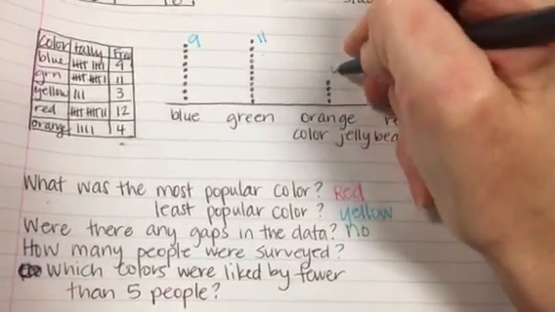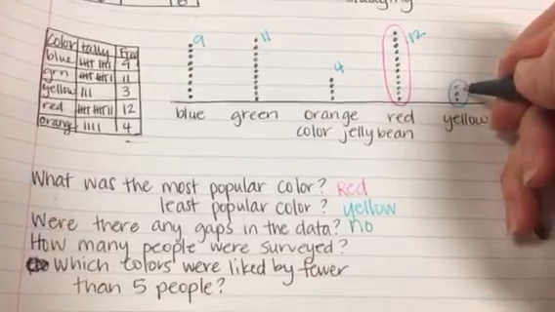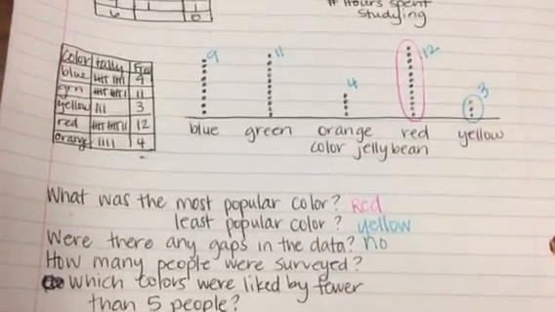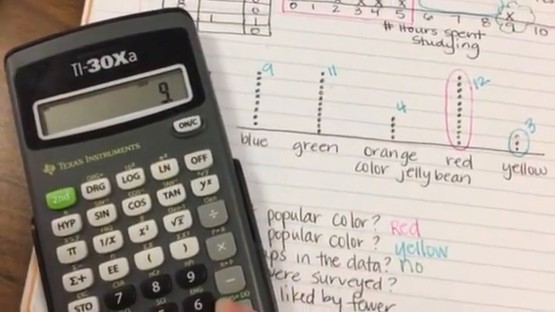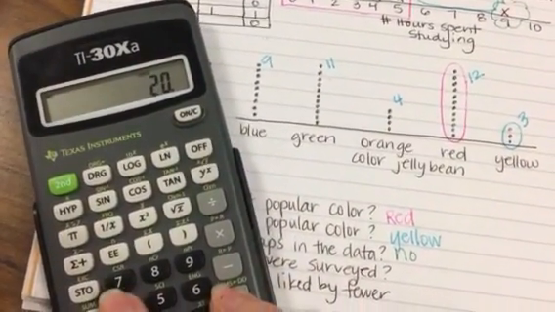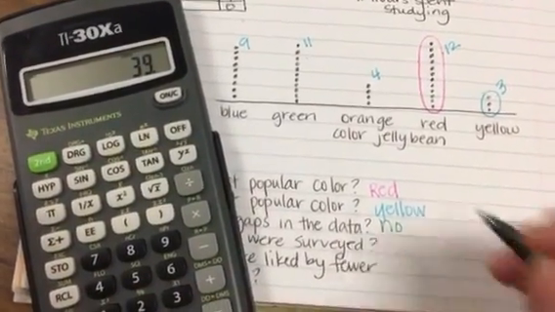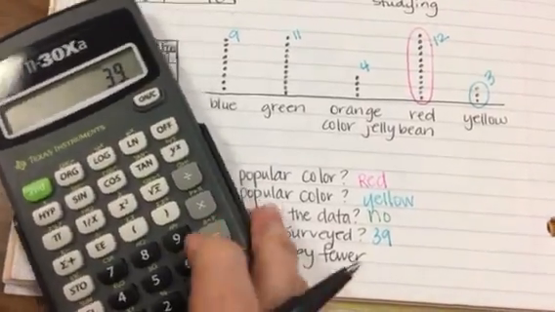There were 4 people who said orange. There were 12 people who said red, and there were 3 people who said yellow. If you need a calculator, you can certainly do that. You're just going to do 9 plus 11 plus 4 plus 12 plus 3, and you see that I surveyed 39 people in this survey.